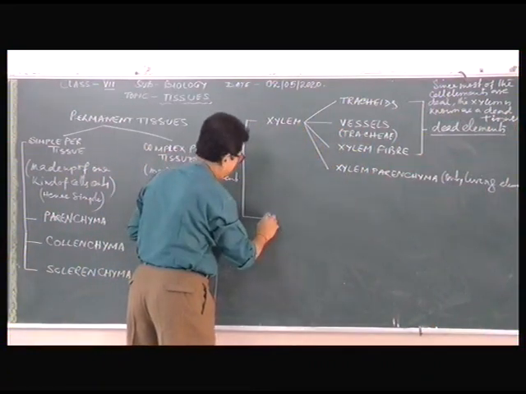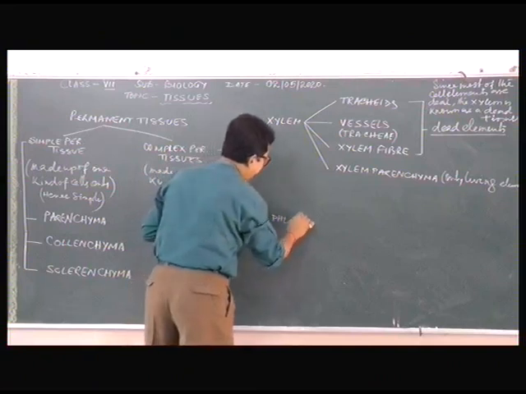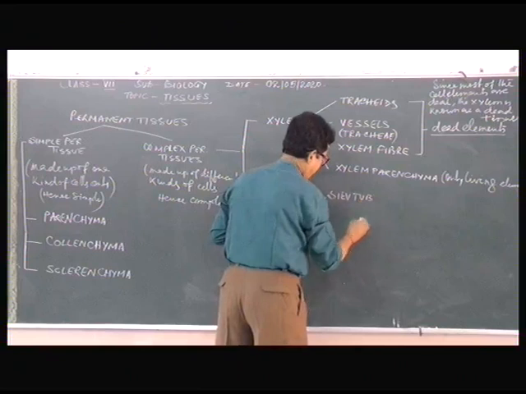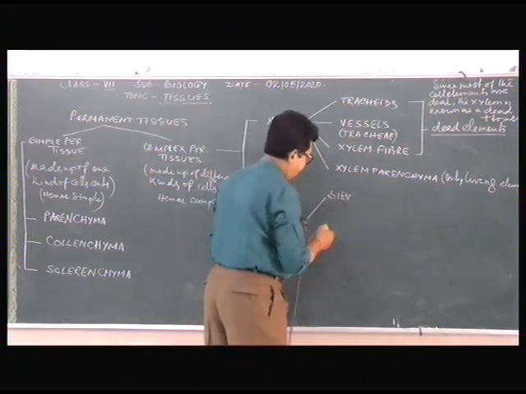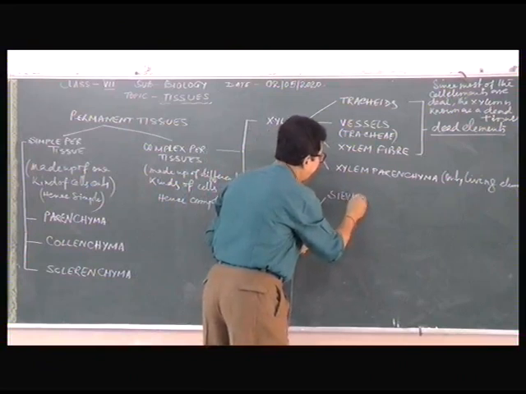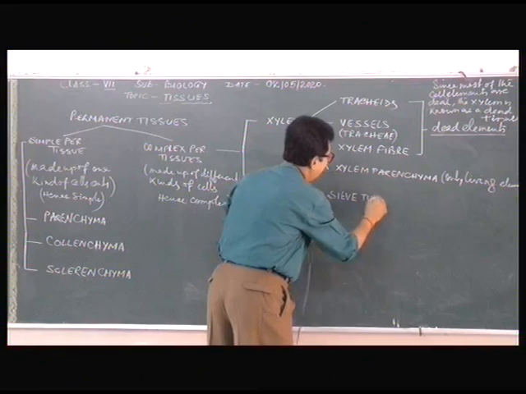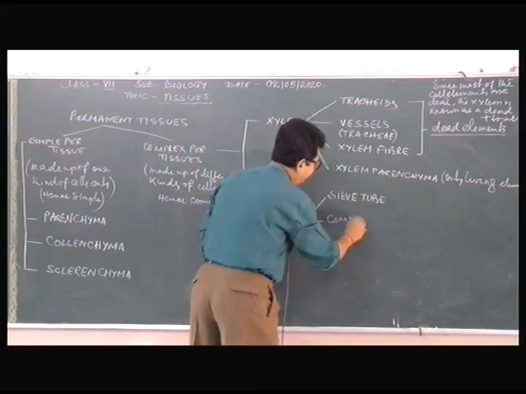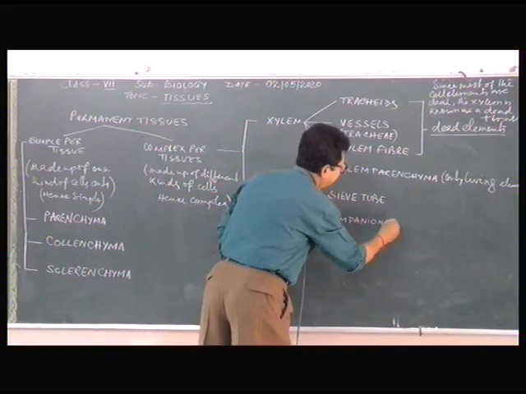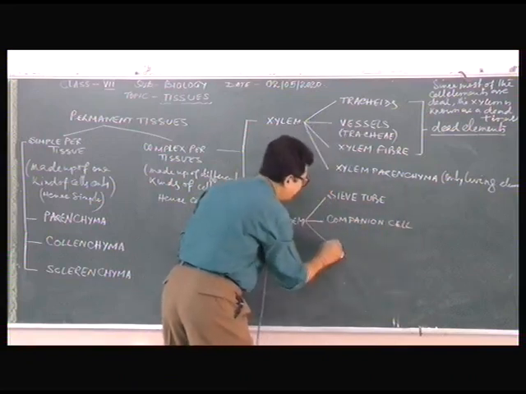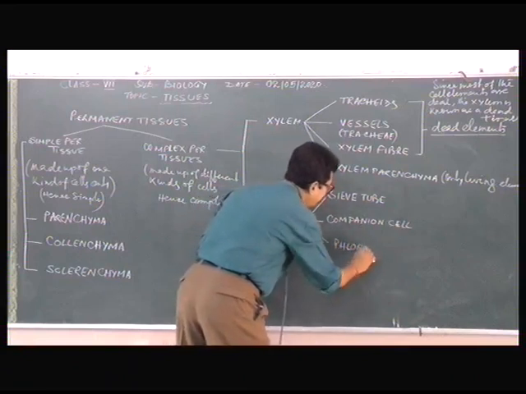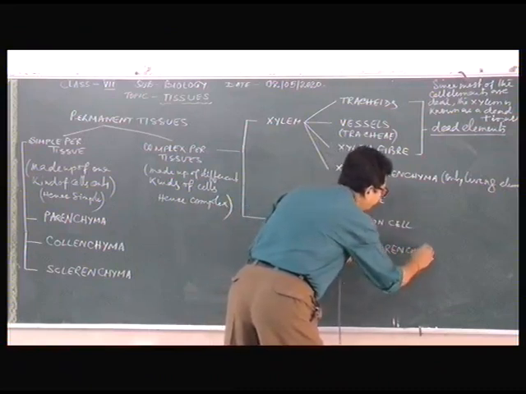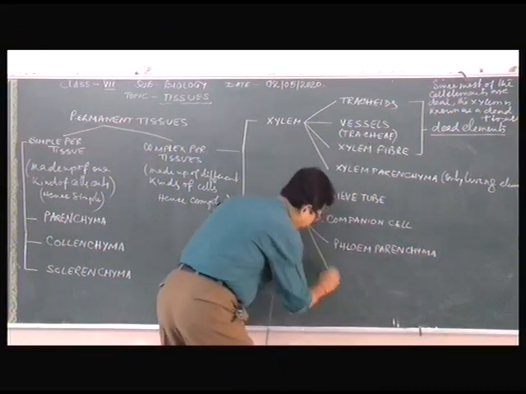Phloem, on the other hand, is made up of sieve tube, companion cells, phloem parenchyma, and phloem fiber.